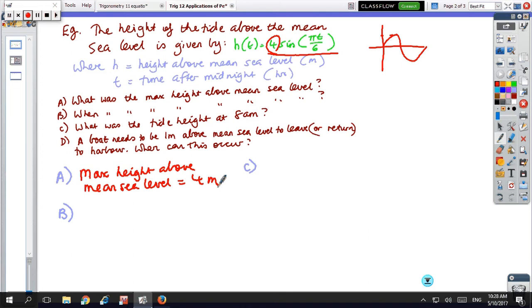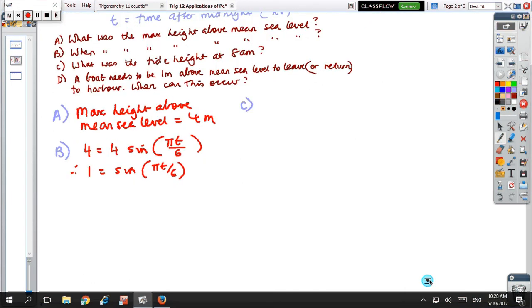Okay, so now we have to solve an equation. So we've got 4 equals 4 sine pi t over 6, and then the 4's just cancel out. So now we have to think about, when does sine equal 1?